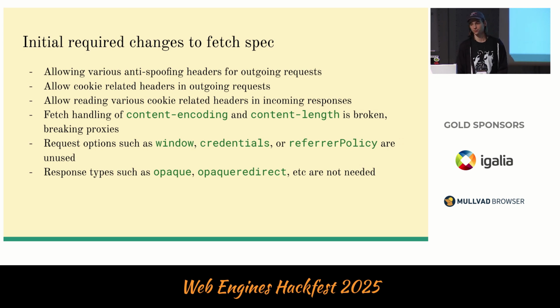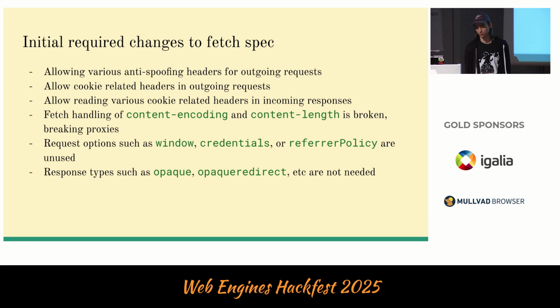I'll just run through this list real quick: allowing various anti-spoofing headers for outgoing requests. Things like the origin header and all of the CORS-related headers are not relevant on servers. All of the cookie-related headers actually need to be exposed to user code rather than being stripped out, because there's no cookie jar, so servers need to be able to deal with cookies themselves.